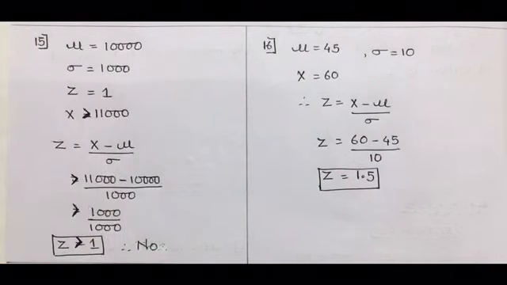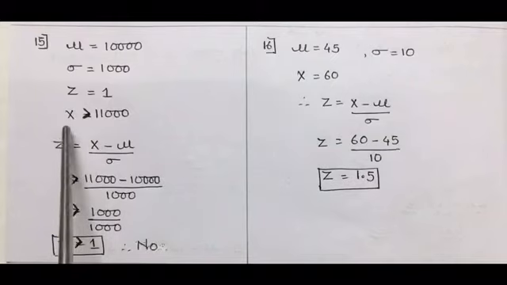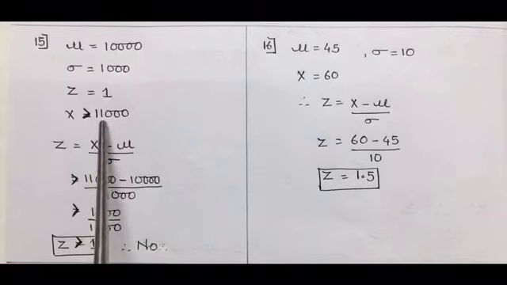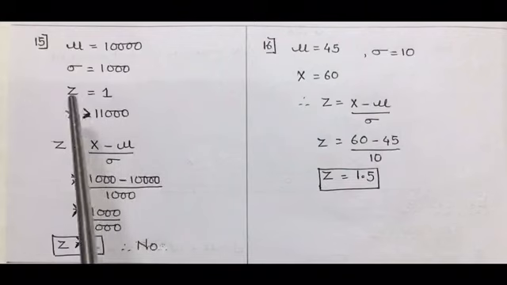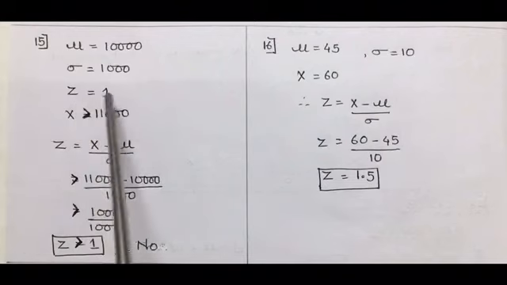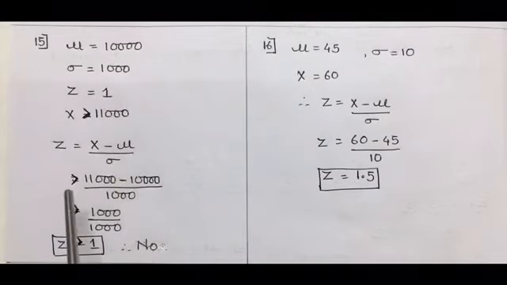For a randomly selected person having monthly expenses more than 11,000, now this 11,000 is the value of X. So X is given as greater than 11,000. Is this calculation of Z score true? Give reason. That means if the value of X is greater than 11,000, then is the value of Z equal to 1 correct or not? That we have to check.